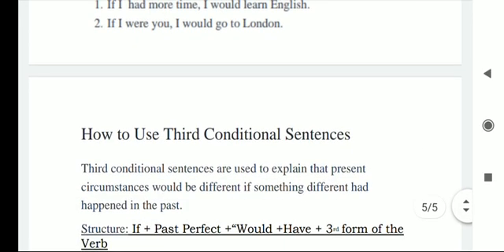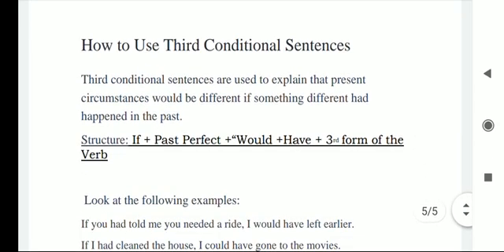Now, how to use third conditional sentences. Third conditional sentences are used to explain that present circumstances would be different if something different had happened in the past.